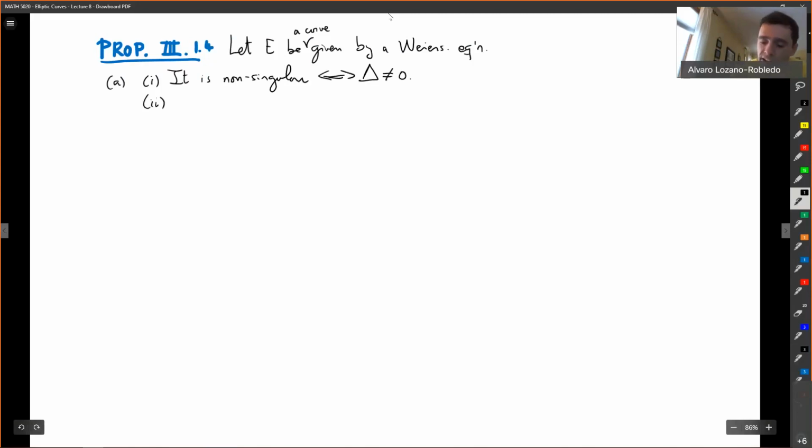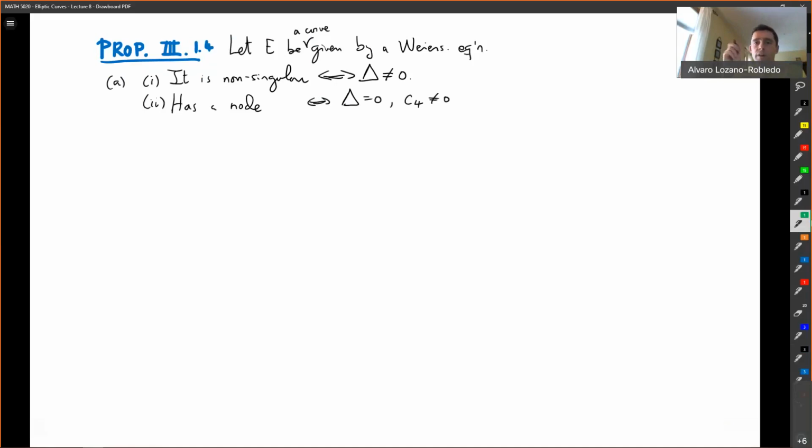2, we say it has a node if and only if the discriminant is 0, but C4 is non-zero. That means that a node, the singularities, you can classify what kind of singularities you get in a cubic, and what the singularity is going to look like is something like this.